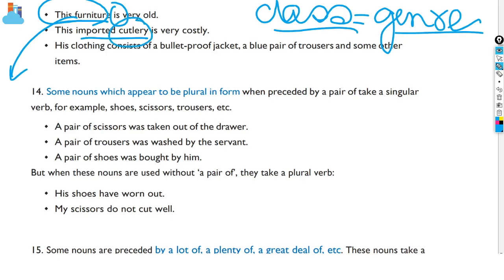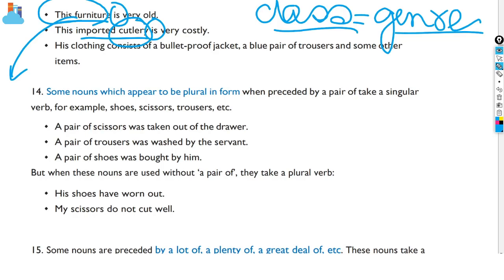Cutlery actually is used in the kitchen, and when we are talking about this cutlery, it is a cluster of many of the tools needed in the culinary or in the kitchen. Therefore it takes singular. This is also an exception to the rule, and you will have to remember the special rules and the concept, because concept is very powerful.